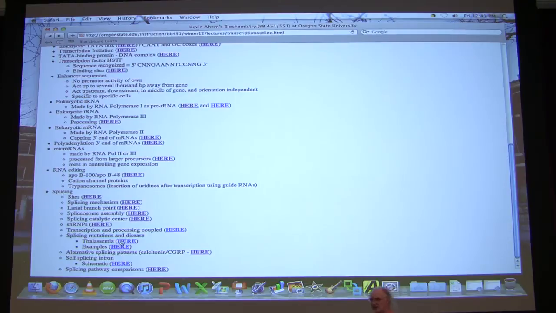It's possible in some cases to have a single base pair mutation that will change the splicing. If splicing is critical for mixing and matching the exons, we could imagine that if we change the sequences that tell the cell whether to splice or not, we might have some problems, and that's exactly what we see.